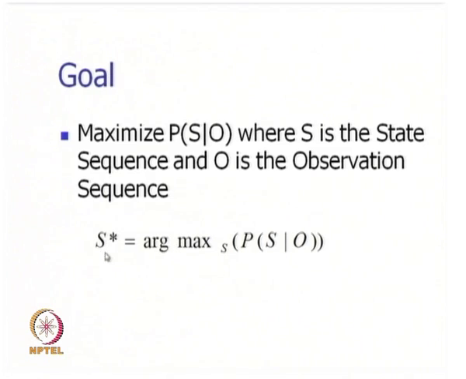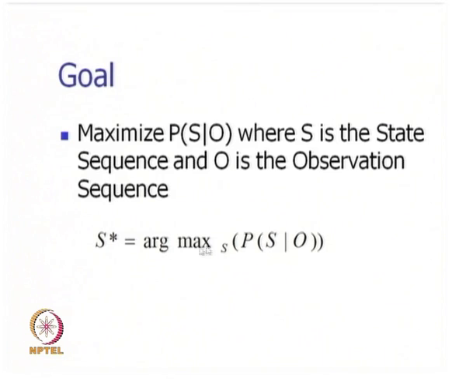So, this is expressed here: S star, the best possible state sequence, is equal to argmax over all possible S of the expression P S given O. That means we vary S and O is the observation sequence which is given.